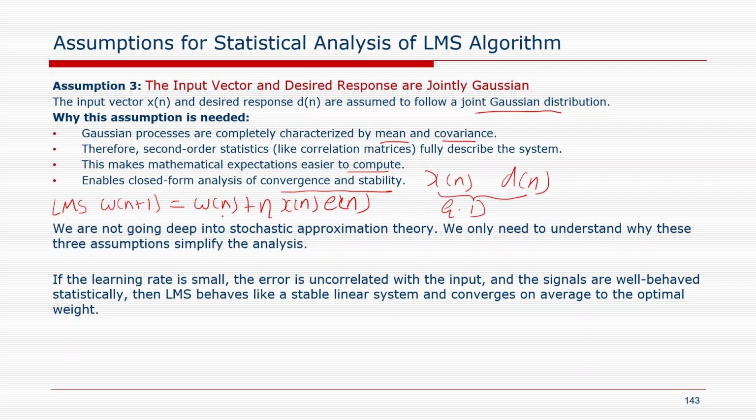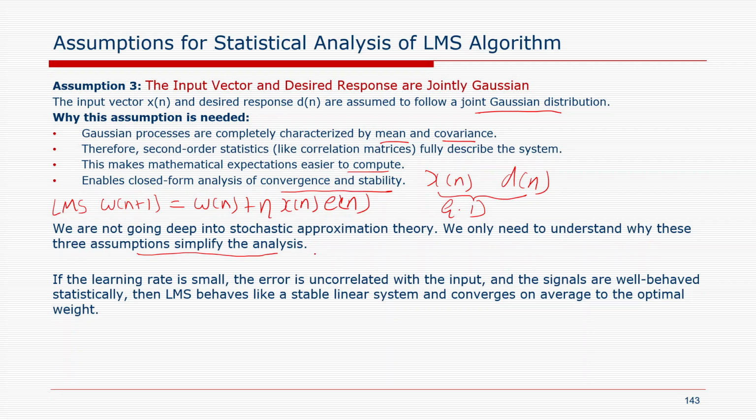We will not go and show the convergence of the LMS algorithm, but we have understood that these assumptions will simplify the statistical analysis of the LMS. Statistical analysis of the LMS algorithm asks the question whether the LMS algorithm will converge.